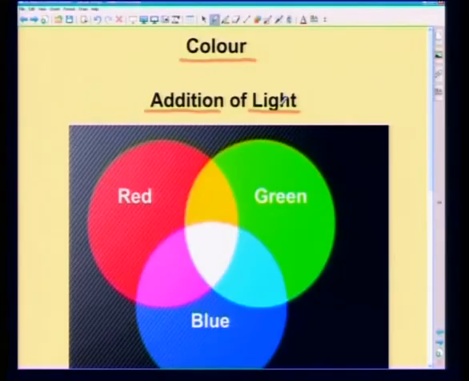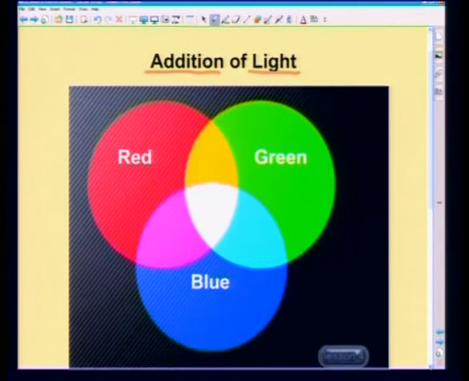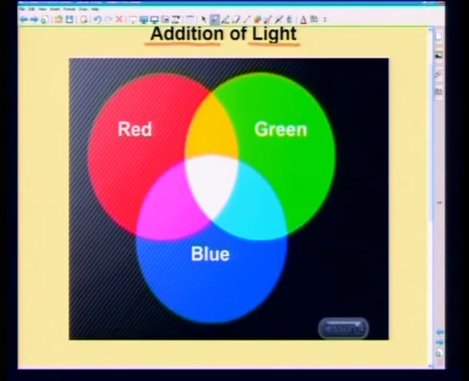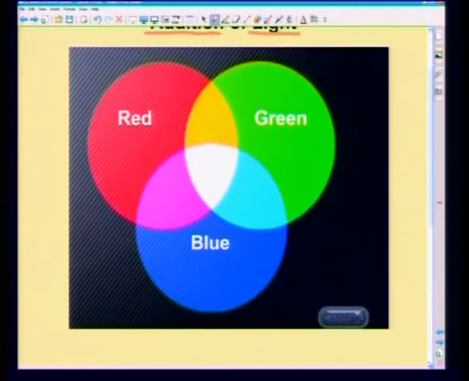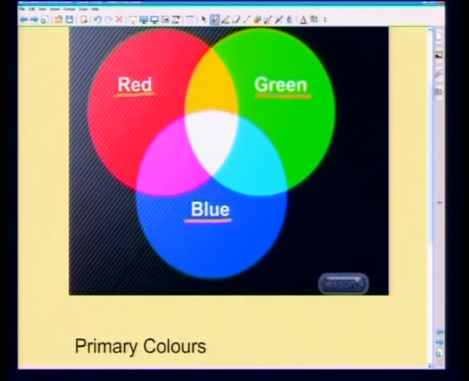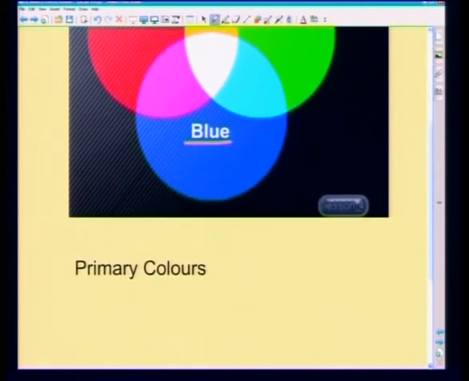Now, in light, we have what we call primary colors. Primary colors: red, green, blue. This is what we call primary colors.